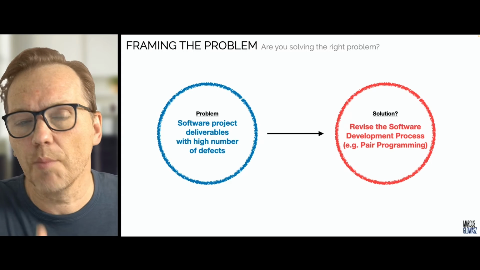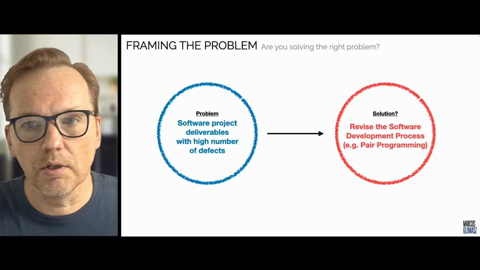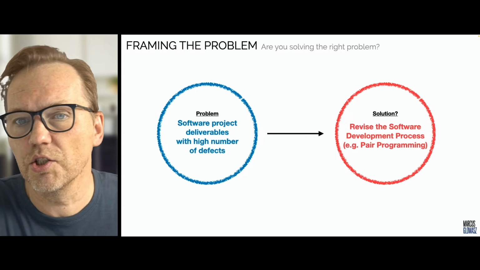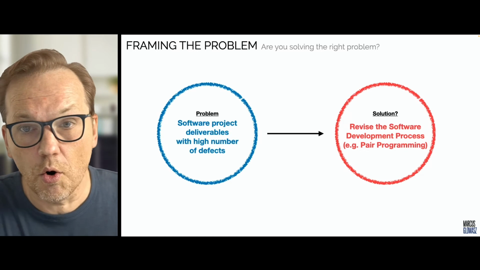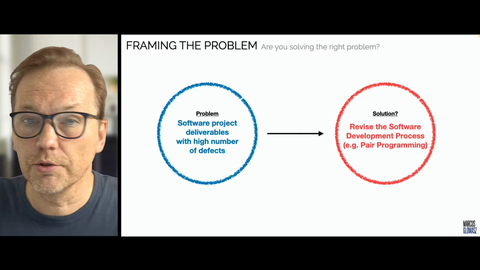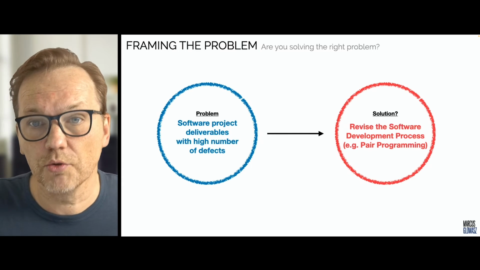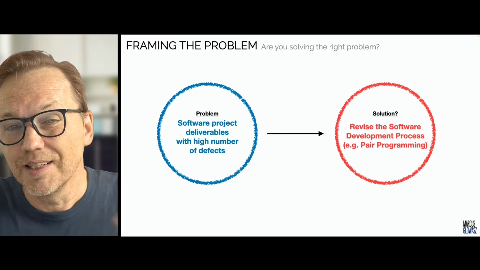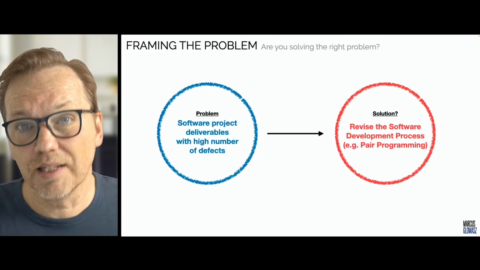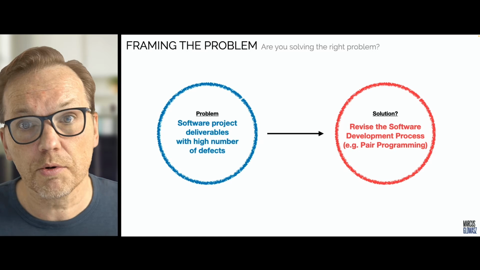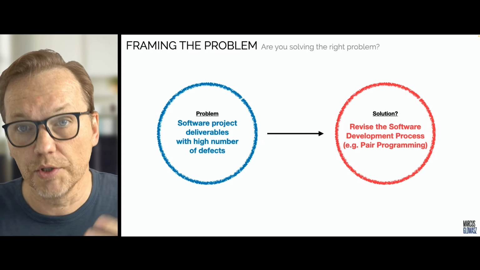Maybe we have to scale up people, or maybe they're not really that diligent in terms of validating their code. So maybe we should introduce pair programming as a measure to improve the quality. That could be one solution. But is that the right one? Is that even the problem that we want to solve or need to solve?